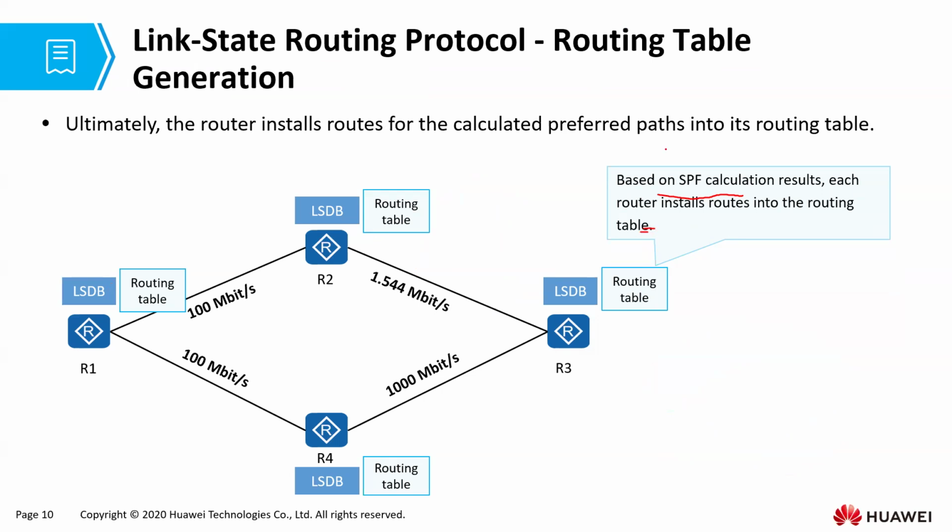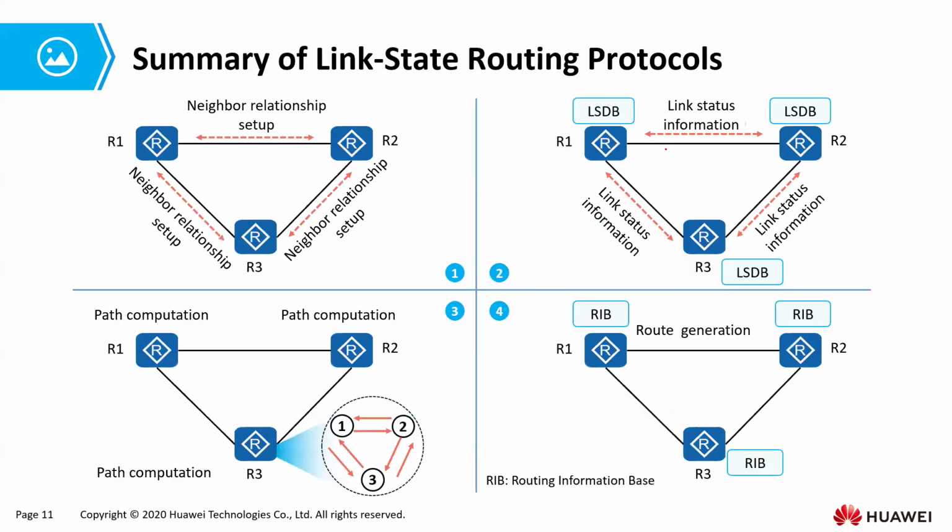So in summary, how link state protocols work. Number one, we have neighbor relationships. This is where we establish relationships between my routers. We'll discuss later on the exchange of what we call my hello packets.